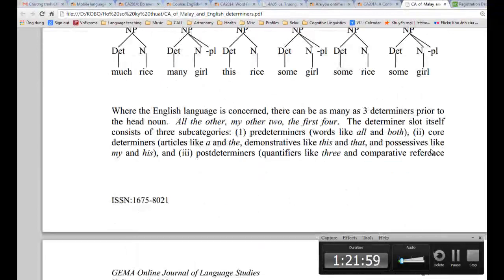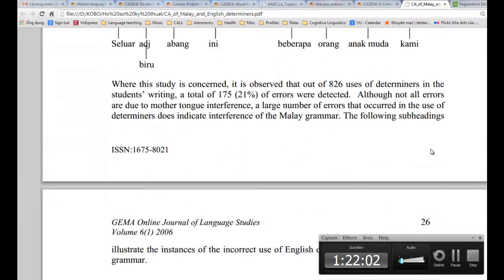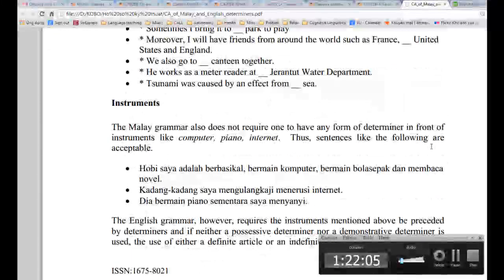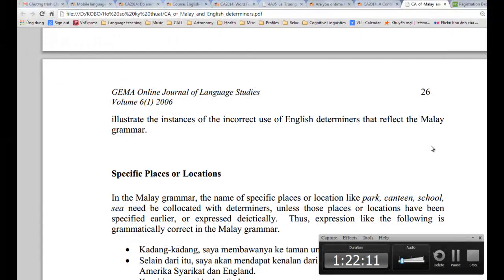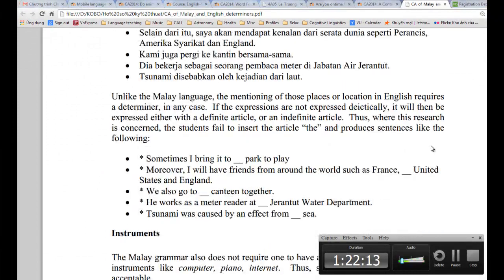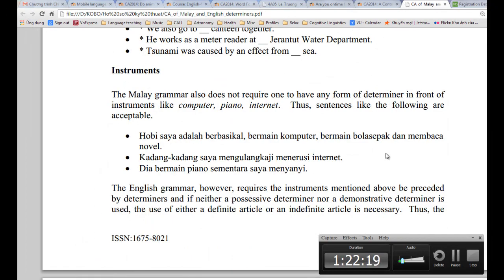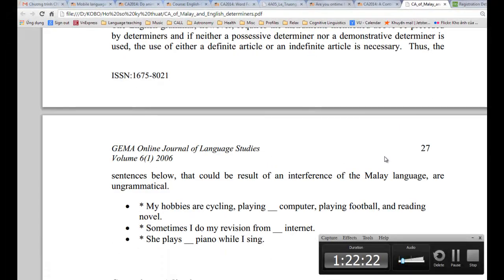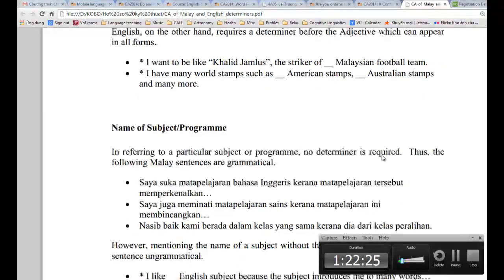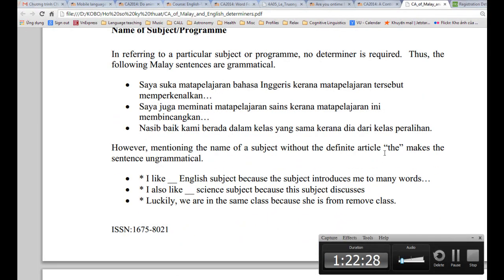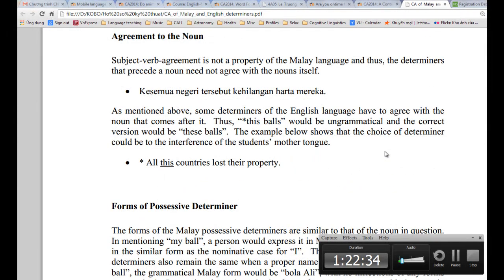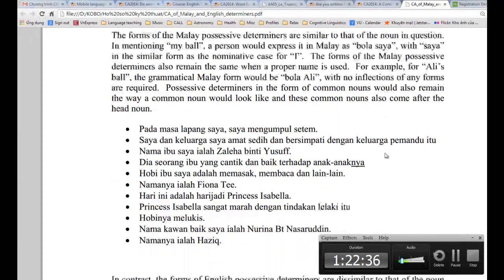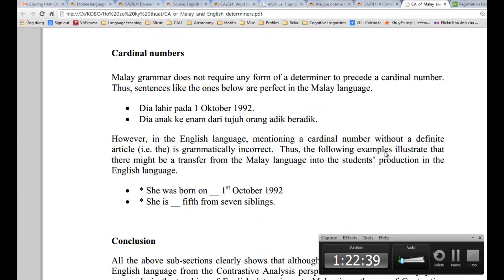And then if you go down to the analysis after the literature review, you see, for example, different aspects like talking about places or locations, the researcher discusses Malay, English; then instruments, Malay, English; then names and subject, Malay, English; then agreement, Malay, English; in forms of possessive determiner, Malay, English; cardinal numbers, Malay, English.